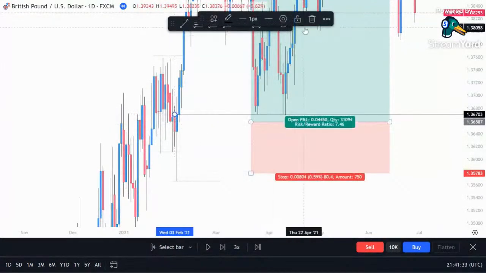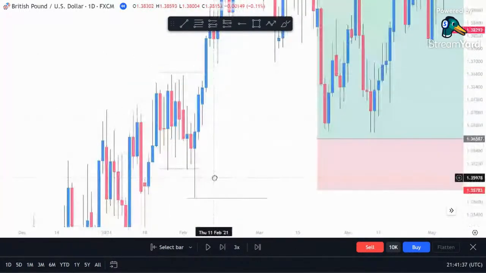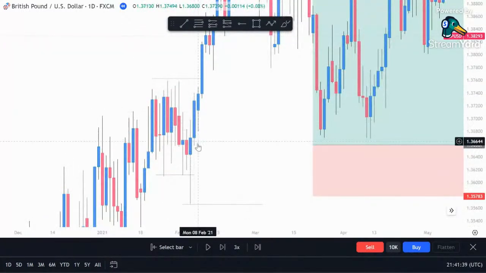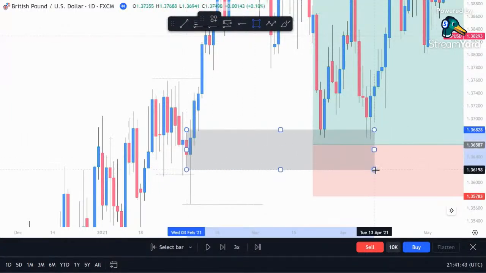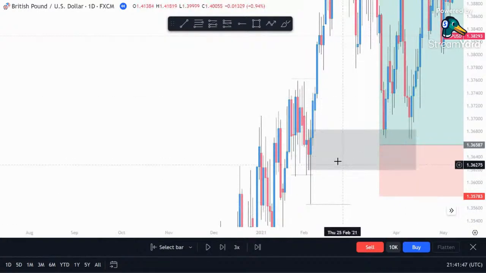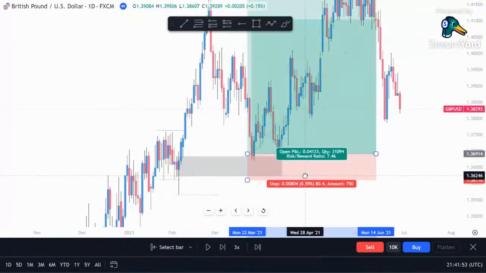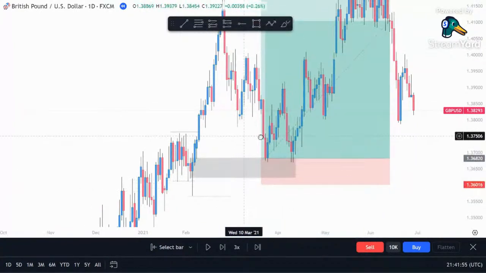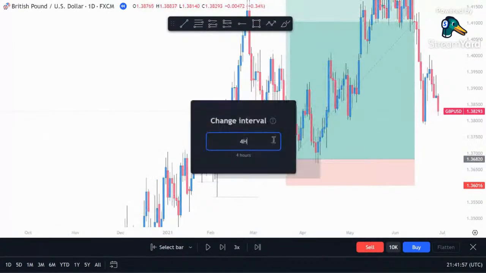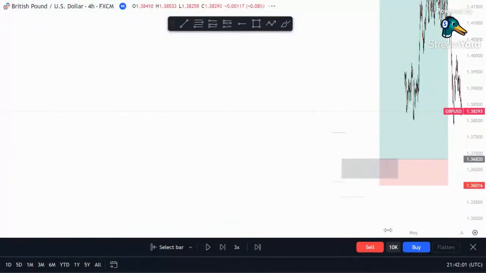I'm not really seeing any gap, because all the candles just closed. Or we can just use another block. Let's check a lower time frame first, maybe we'll see something.